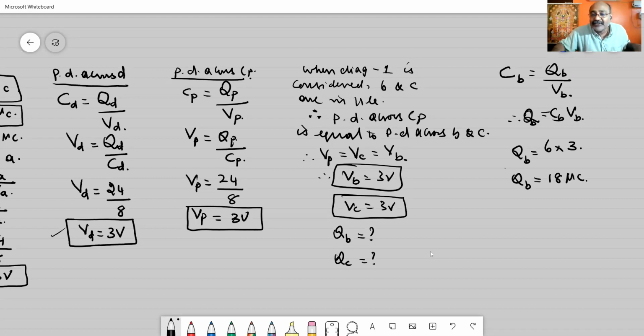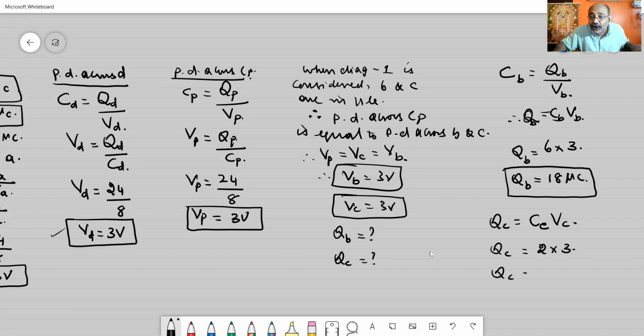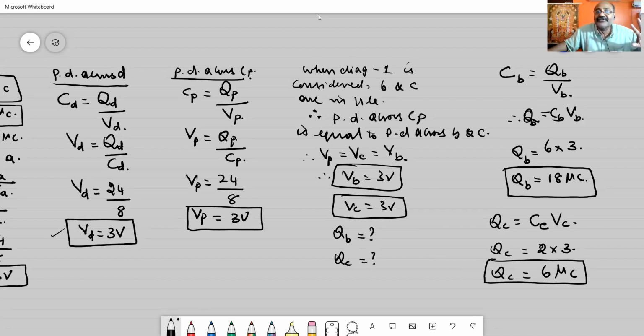Am I correct? So I have calculated QB. Similarly, what is QC? QC is capacitance of the capacitor C multiplied with VC. So QC is equal to 2 microfarad multiplied with 3. So QC is equal to 6 microcoulomb. So I have calculated all the data that we are in need of.